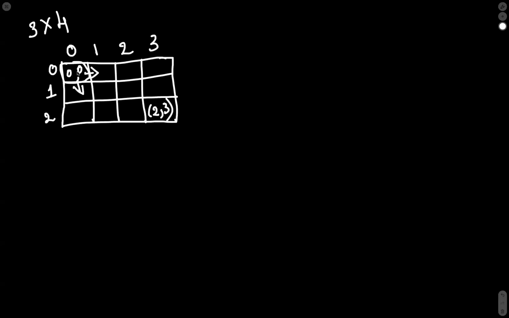So suppose I am starting at this cell. I can say this is one path, and from here to here, this is another path, and from here to here, this is another path.